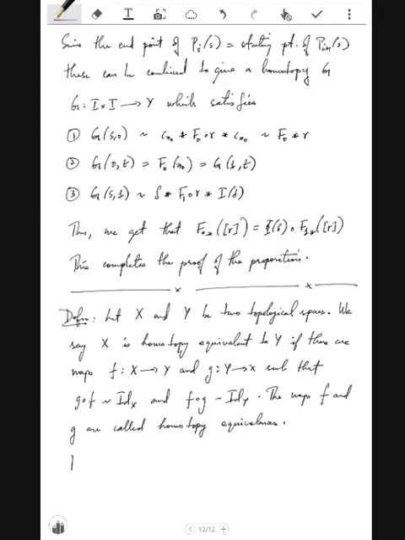So we come to a final proposition. Suppose X and Y are path connected spaces.